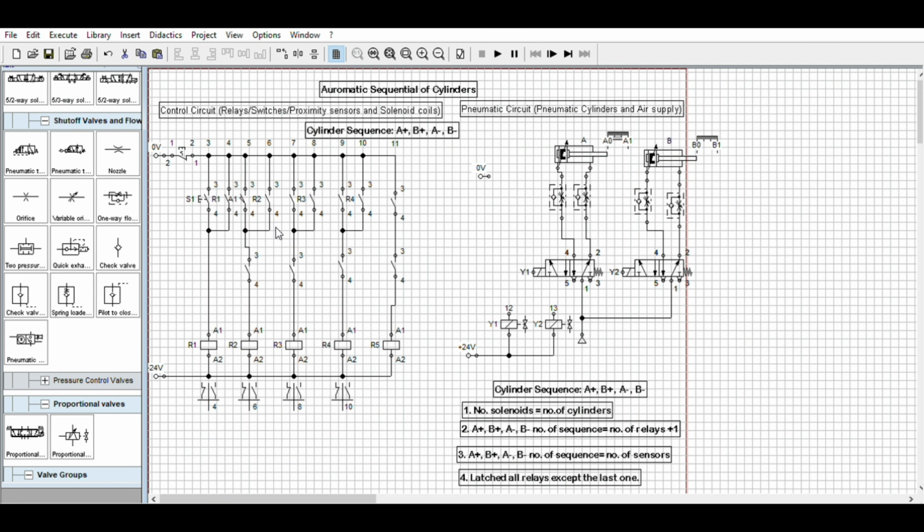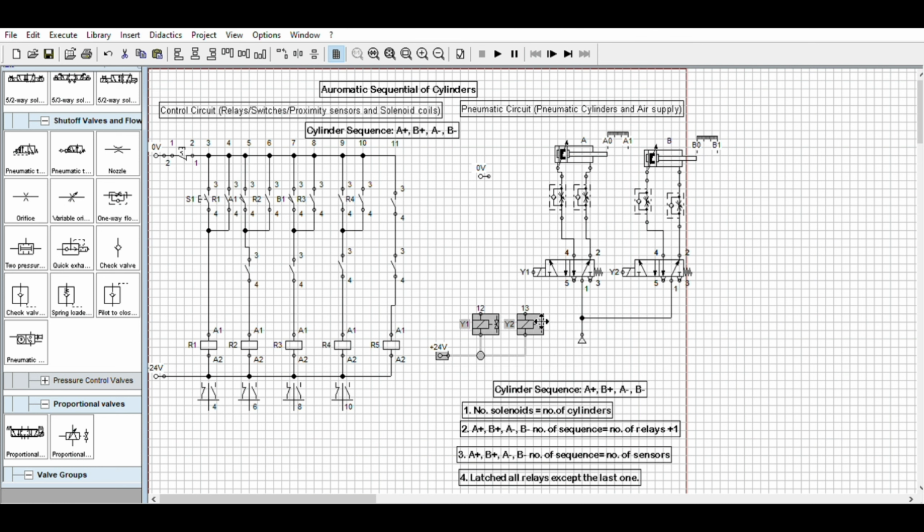Next, then it will trigger A1 and turn on this one, and this one will extend. That will hit B1. So B1. We can make the state diagram or function diagram later.